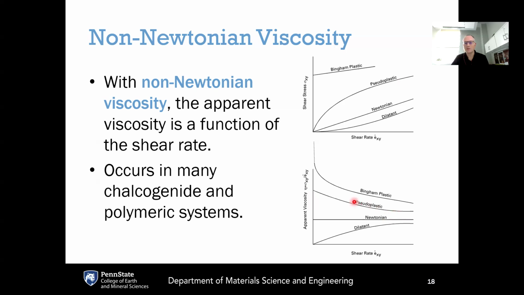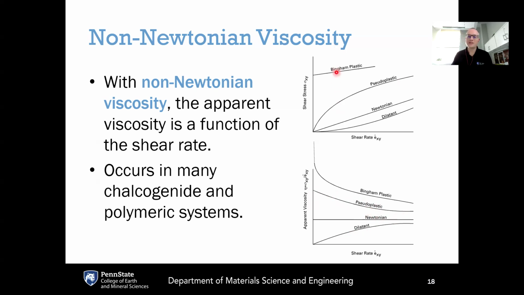And so pseudoplastic involves a lowering of the apparent viscosity with shear rate. This is also known as shear thinning behavior. This is the opposite of dilatant, which is also called shear thickening behavior. So dilatant and shear thickening mean the same thing, and that's the opposite of pseudoplastic or shear thinning.